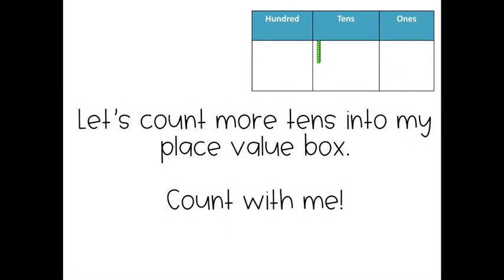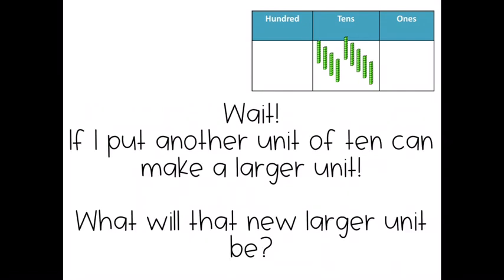So now let's go ahead and count more tens into my place value blocks. Please go ahead and count with me. We've got the 1 that I already have, 2, 3, 4, 5, 6, 7, 8, 9, and wait, if I put another unit of 10, can I make a larger unit?